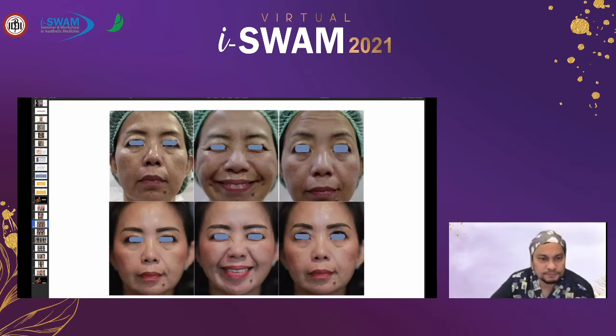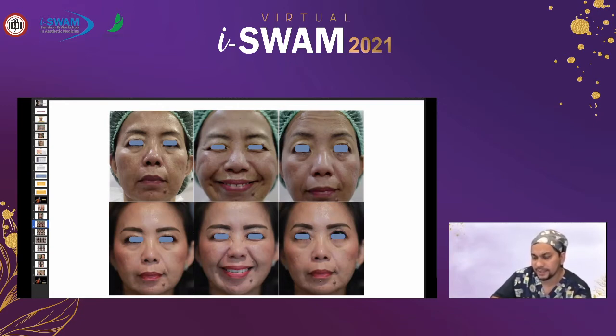This is also the botulinum toxin advance with my technique T-Rejuve. So I fixed the texture of her skin, also the eyebrow symmetry, and then I lifted the corner of her eyebrow, and fixed all of the wrinkles at the frontalis area, the glabellar area, and also the pores.